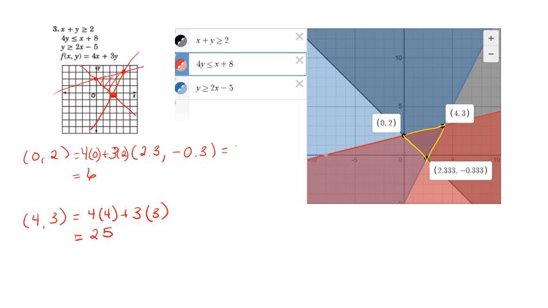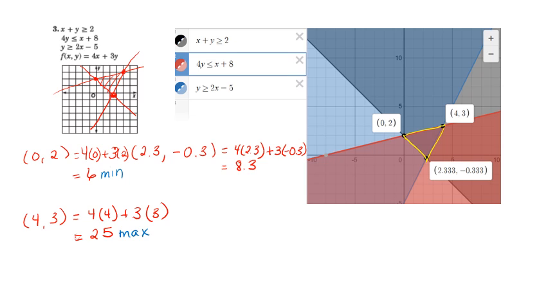And then I'm going to do 4 times 2.3 plus 3 times negative 0.3. And when I type that into Desmos, I got 8.3. All right? So my minimum is 6 and my maximum value is 25.